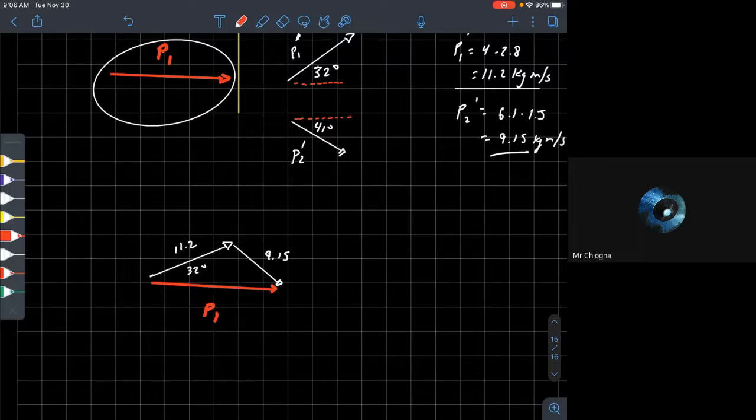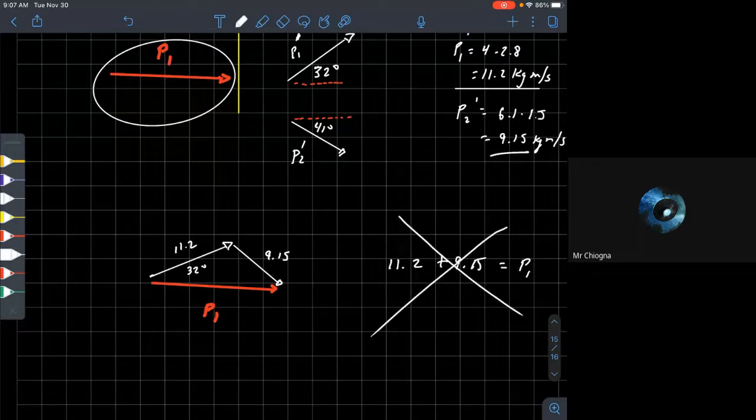So the math is not simply 11.2 plus 9.15 equal to P1.